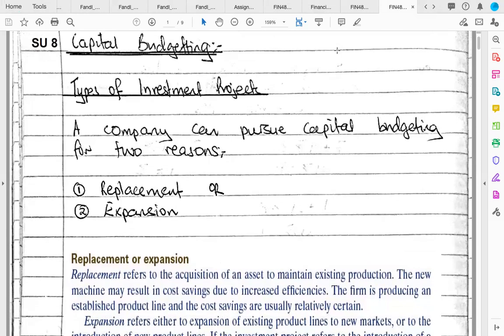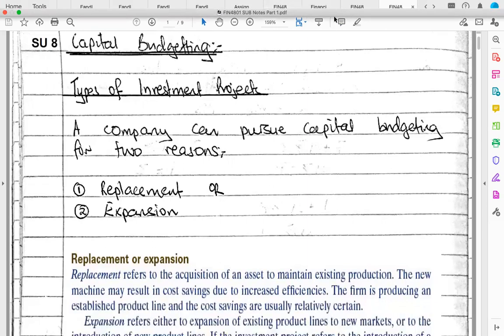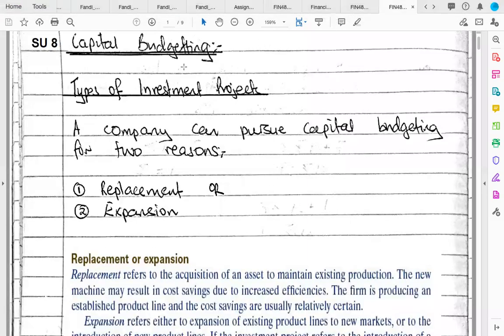Okay, so you should be familiar with what we mean by capital budgeting or capital projects. Remember, a capital project involves a large initial outlay and then cash inflows coming in to the company after at least 1 year.